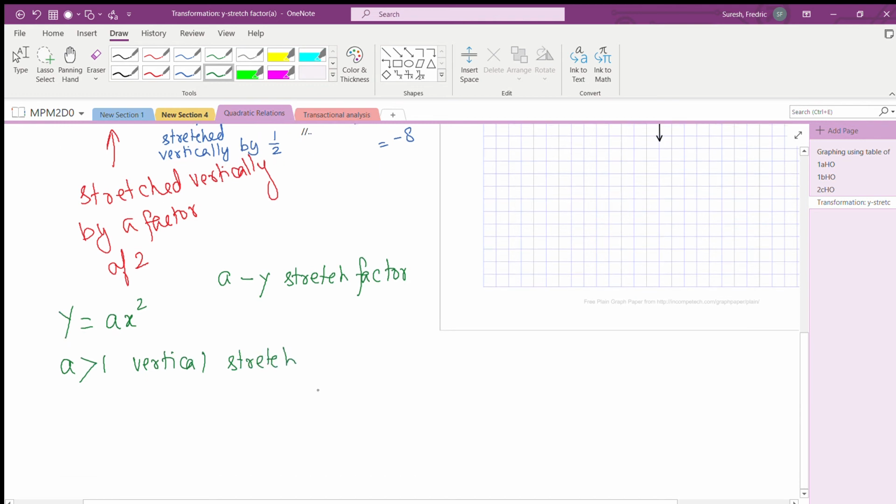Okay, so if the a value is less than 0, which means the a values are negative, we still get a vertical stretch, but now a is negative.